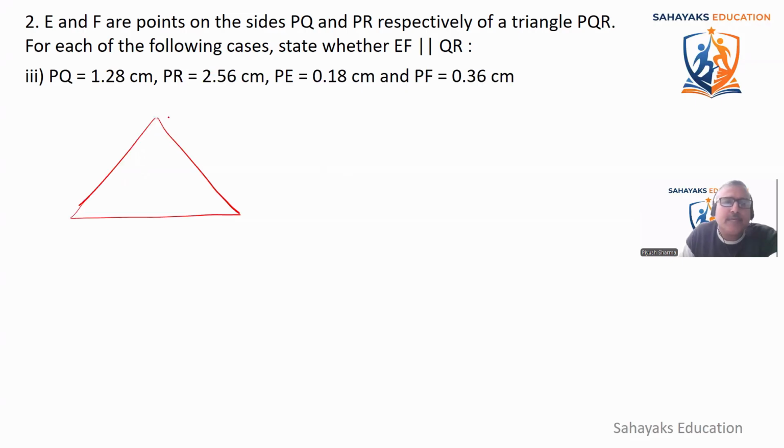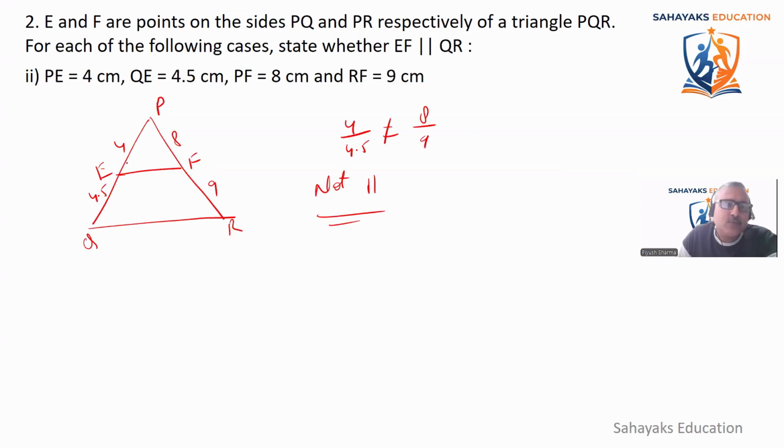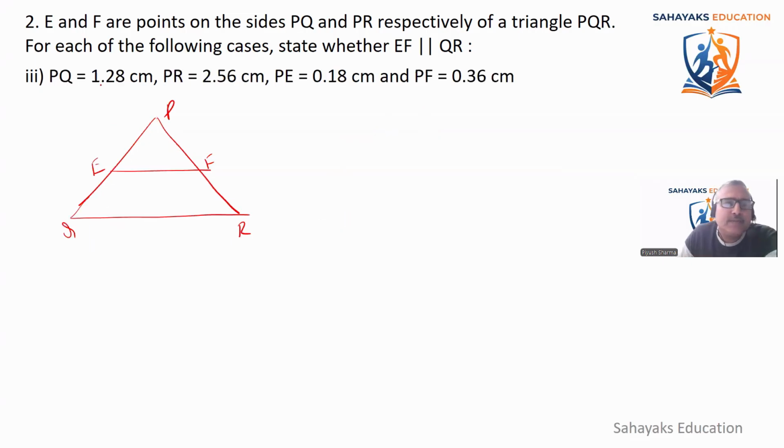Okay. Again, we'll take another. We make triangle PQR, and again put a line here. This is E and F. In the previous question, what were they given? PE and QE, PF and RF. In this question, they have given PQ. They have given complete PQ as 1.28 centimeter. This entire thing is 1.28. And they have given PR as 2.56.